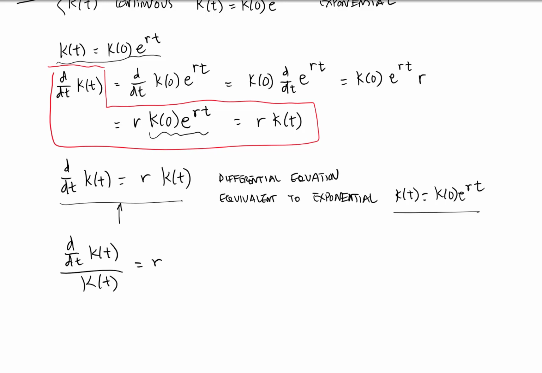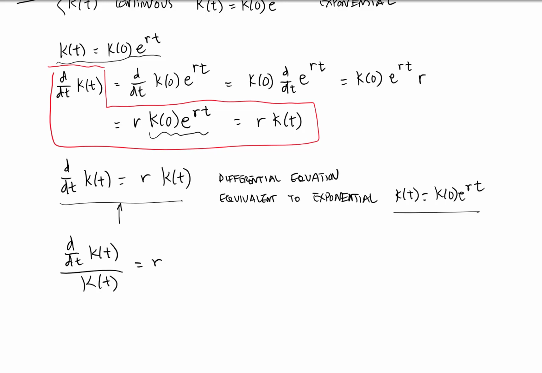What this means is that d/dt k of t is the change in k of t, and we divide that by k of t. So this is the proportional change in k of t. This thing equals the growth rate r.